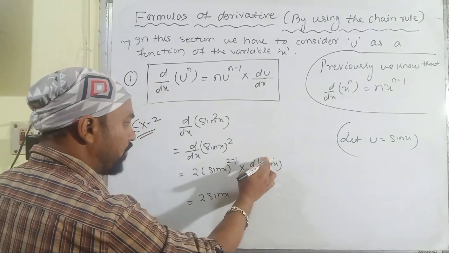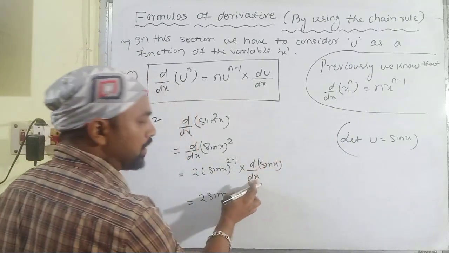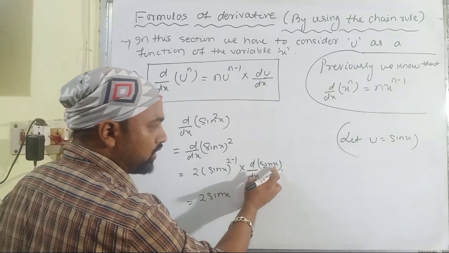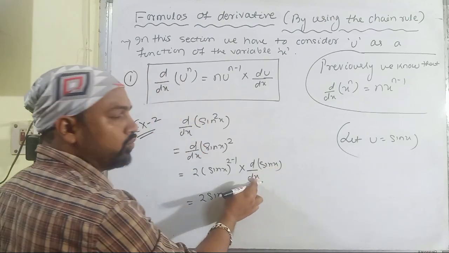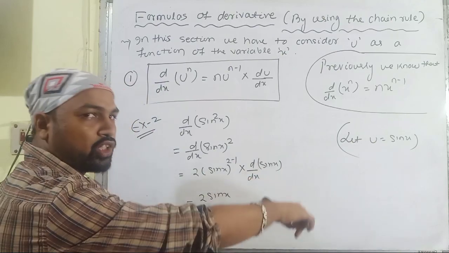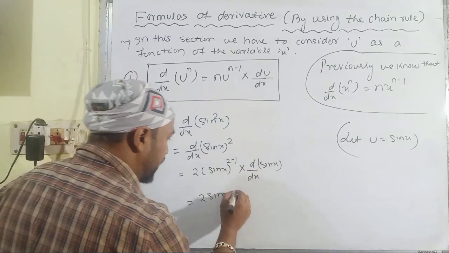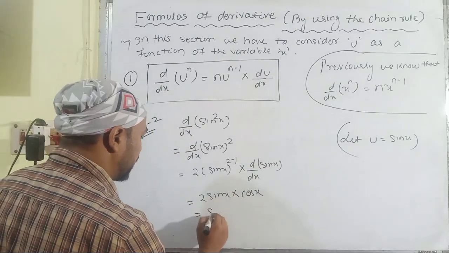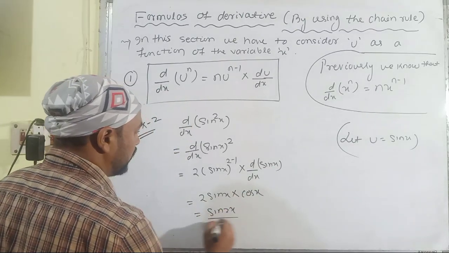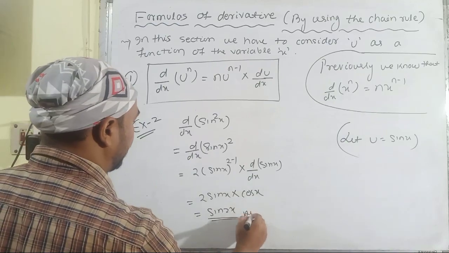The function contains the trigonometric function sine of x, and differentiating it with respect to x, the formula is cos x. So 2 sine x into cos x, it will be sine 2x. Okay, this is the answer.